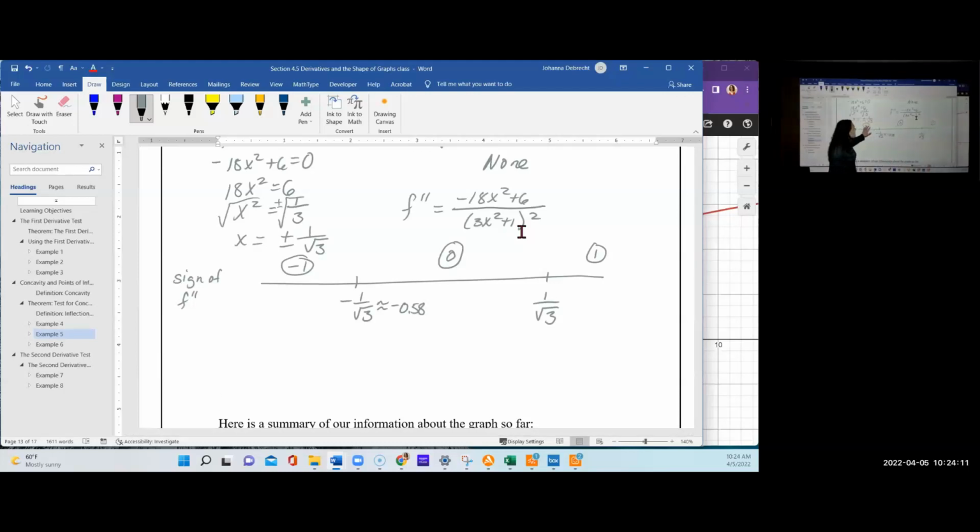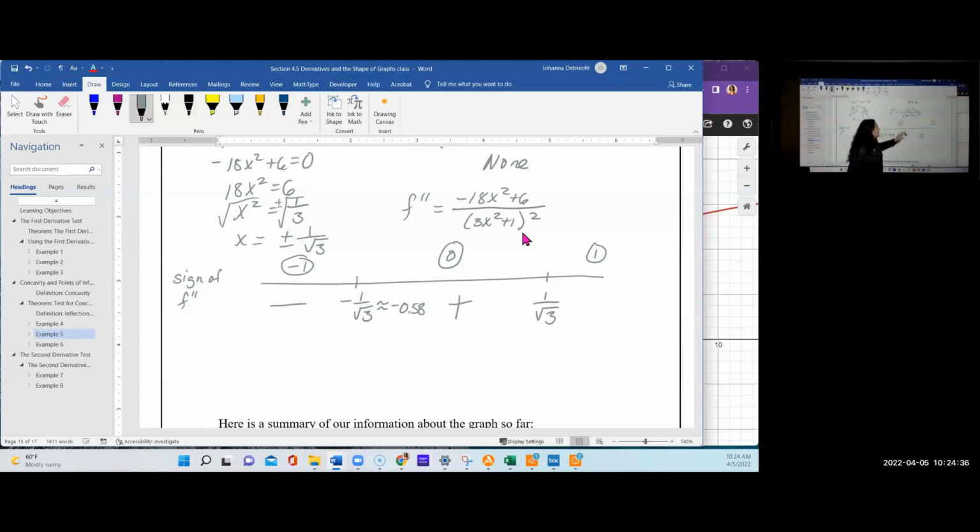So when we plug in negative 1 squared is 1, but multiplied by negative 18 is a negative 18 plus 6. So it's a negative over a positive, so it's negative. So we have a negative down here. When we plug in 0, we have 0 for the first term, 6 for the second. So we have 6 over a positive, which is going to be positive.